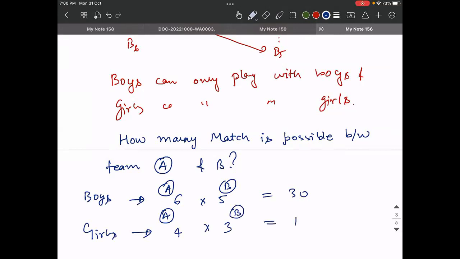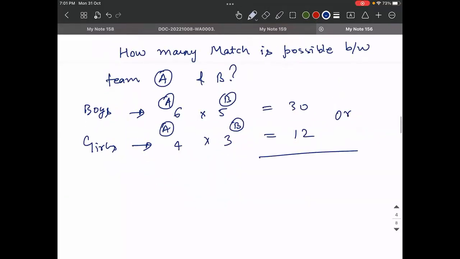So how many possible combinations? 12. And either the boys will play or the girls will play, right? Boys and girls cannot play together. So it is an or statement. Whenever we have an or statement, what do we do? So 42. Got it?